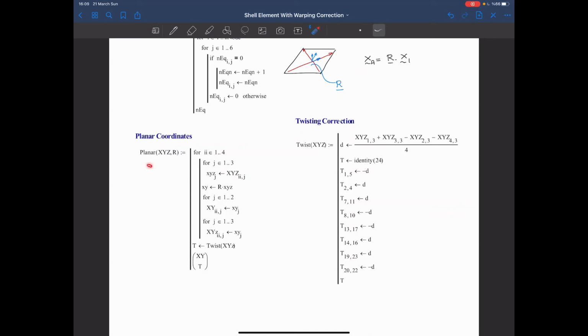Okay, so this is what I'm doing here: original coordinates and the rotation matrix. So I'm getting the element's coordinates, multiplying with the rotation matrix, transferring it to xy, and I'm only taking the x and y coordinates and putting them in another array called xy.